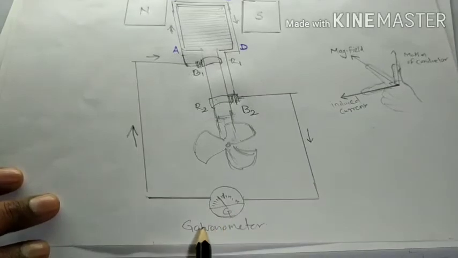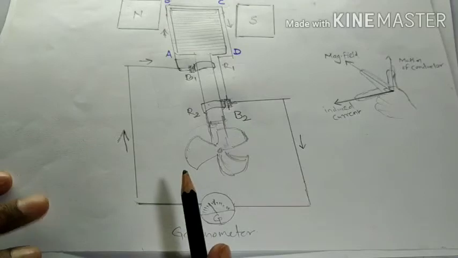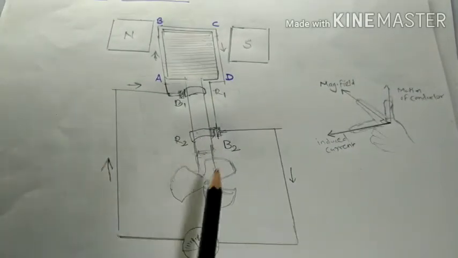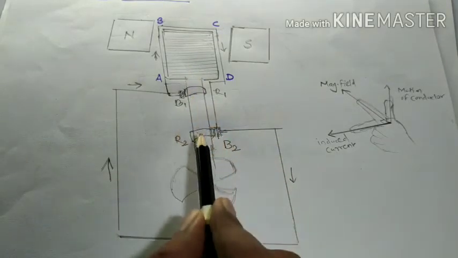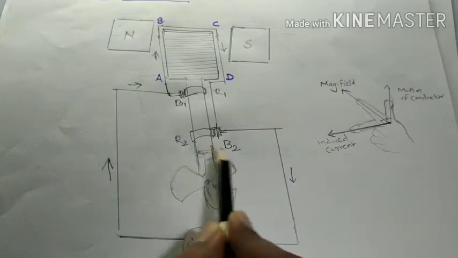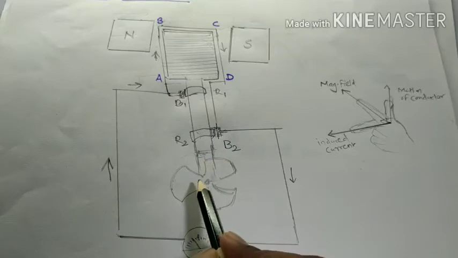It is a galvanometer. The galvanometer is useful for measuring the electric current in the device. This is the axle that is used to connect the coil, and it is rotated, and we use various types of equipment in our daily life.